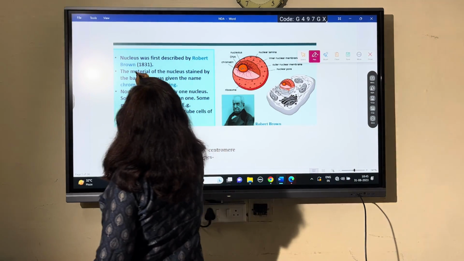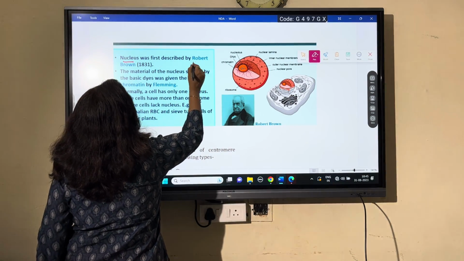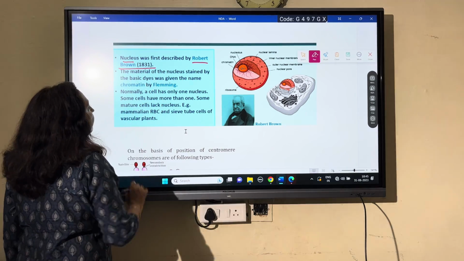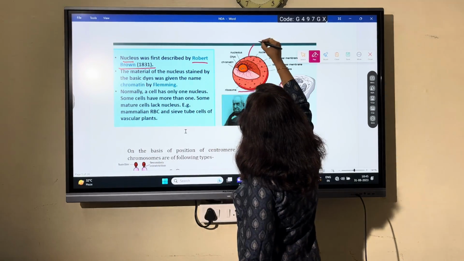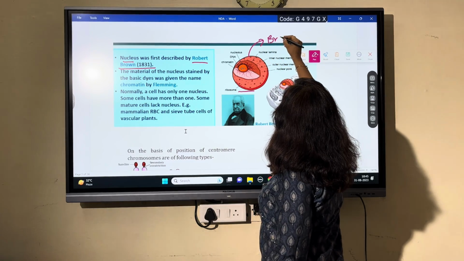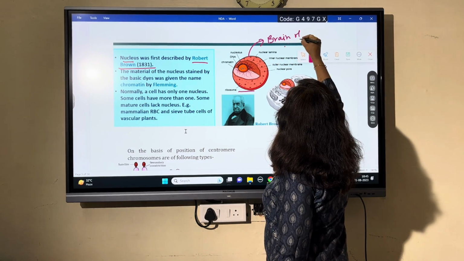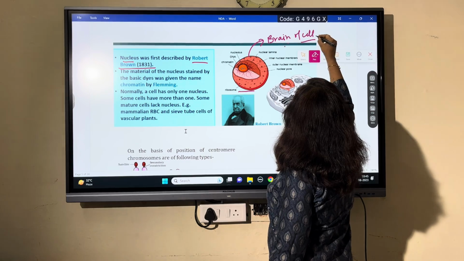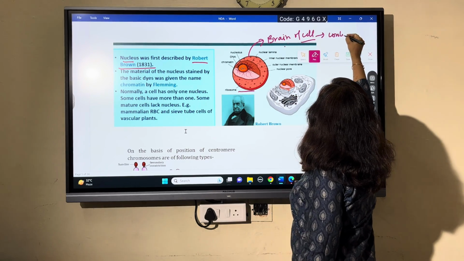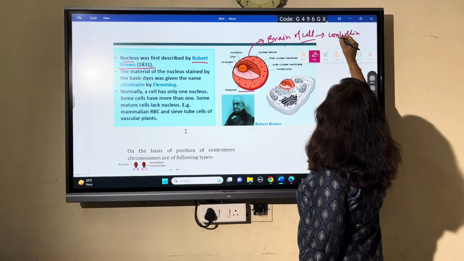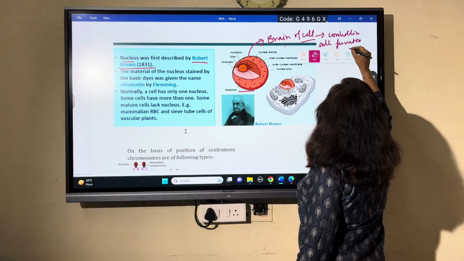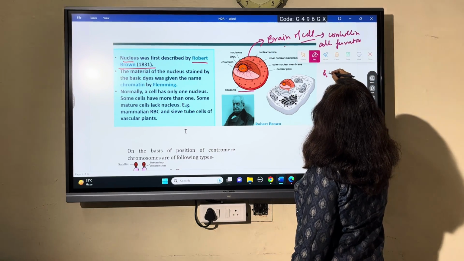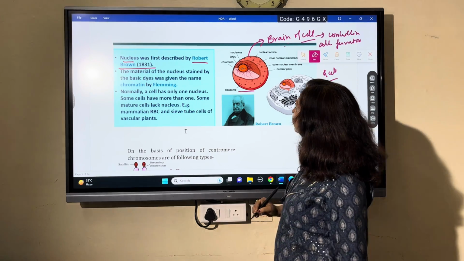Now the nucleus was discovered by the scientist Robert Brown in 1831. So the nucleus is very important. It is known as the brain of the cell because it is controlling all functions of the cell.